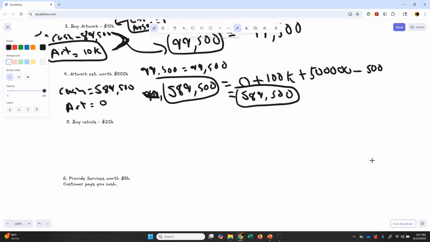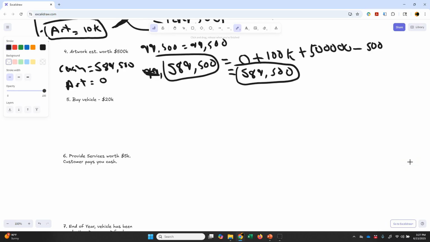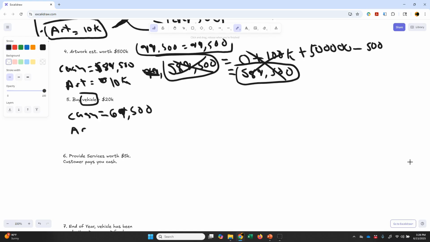Okay, so now let's say we buy a vehicle for 20,000. So I'm gonna undo this. We'll assume that we didn't really sell it and we just have these balances here, of which basically cash 89,000 and this art was 10,000. So now we're going to have three assets. The vehicle is also another asset. So we're going to have cash now going down to 69,500. We have art, 10,000.